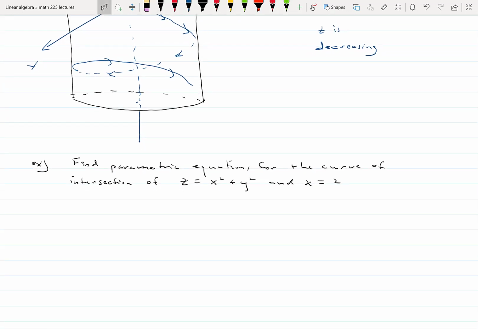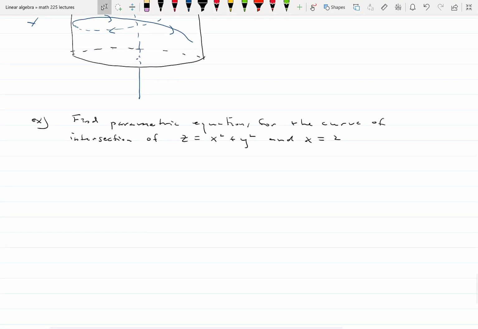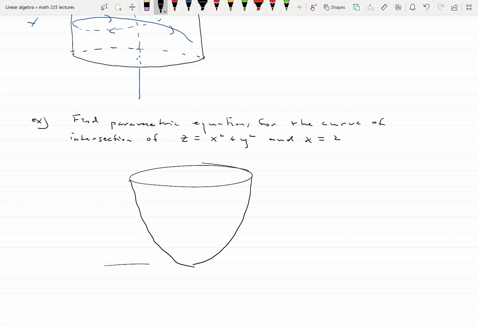So what's going on here is we have a paraboloid, and we have a plane that's slicing through that paraboloid. We have a paraboloid, z equals x squared plus y squared, and we have a plane, 2 units in front of the YZ plane. Here's x equals 1, x equals 2. And that vertical plane will slice into this paraboloid in the shape of what?